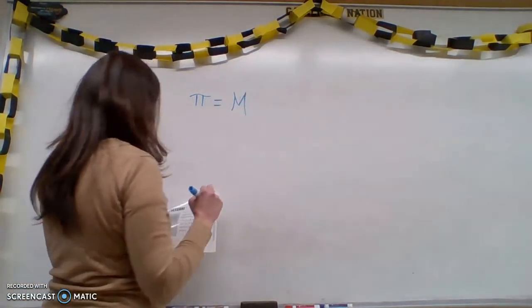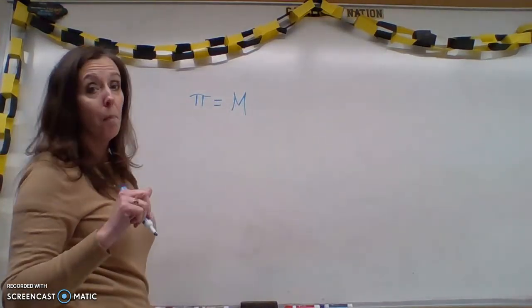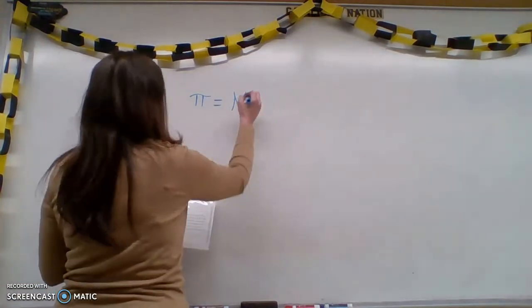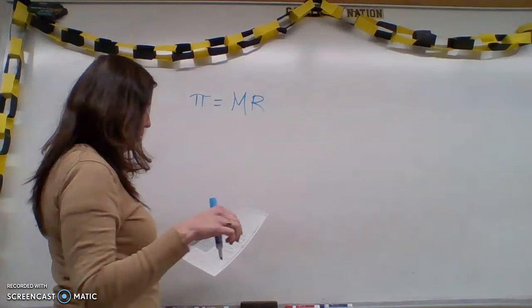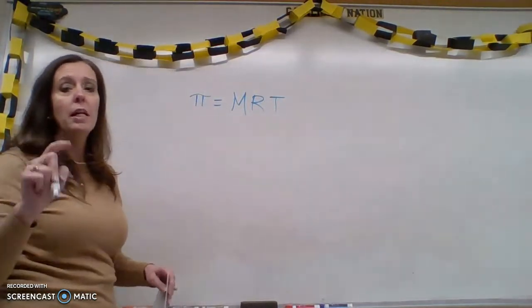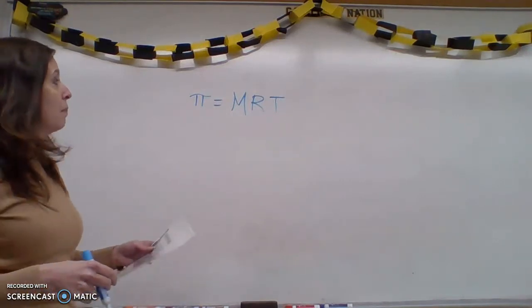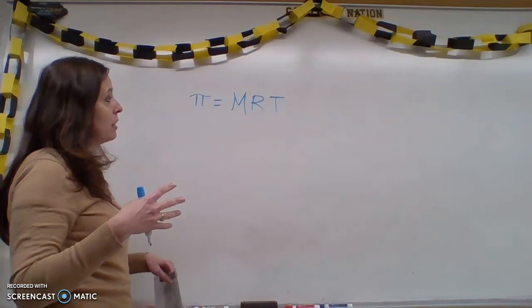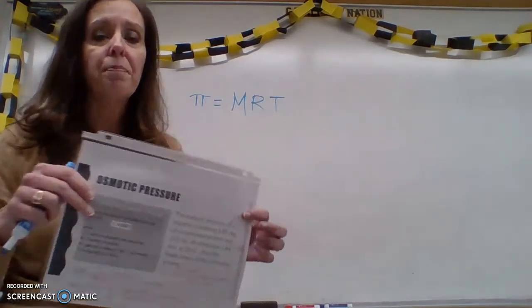Equals capital M. What do you think capital M is? Capital M is molarity. Then I have an R value. R is good old 0.0821. And T is temperature. Temperature has to be in kelvins. I would give you all of these and you would solve for one of those as your X.